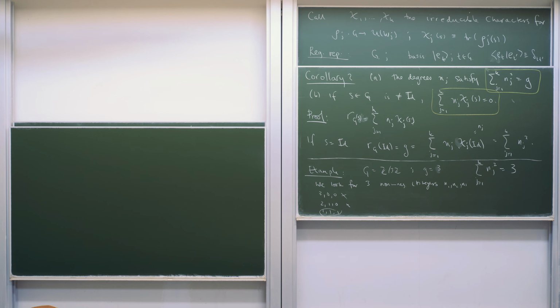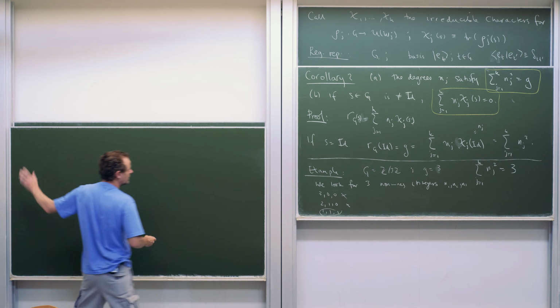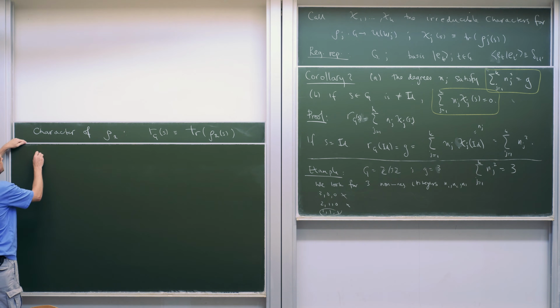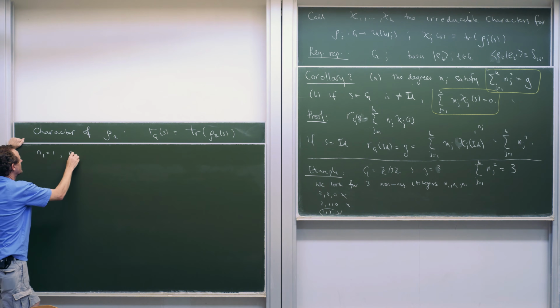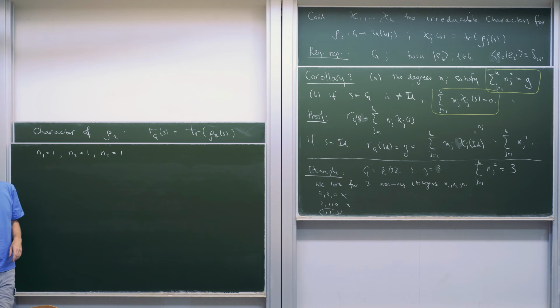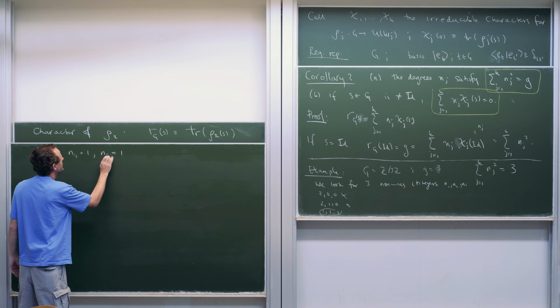So let's continue our little detective story. So we have some information. We know we have 3 irreducible representations of the group. So the dimension of irreducible representation number 1 is 1. And we're going to label these irreducible representations, it's probably better if I label them suggestively as 0, 1, and 2.